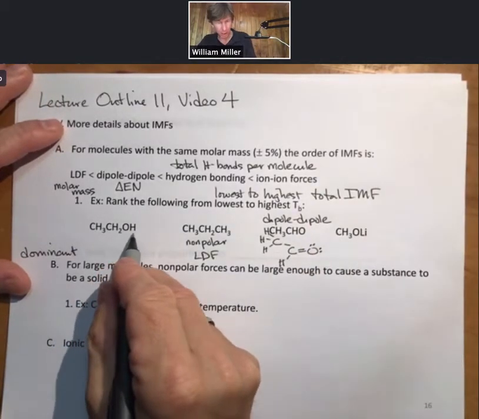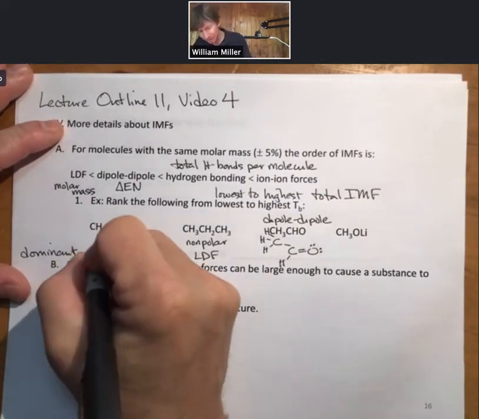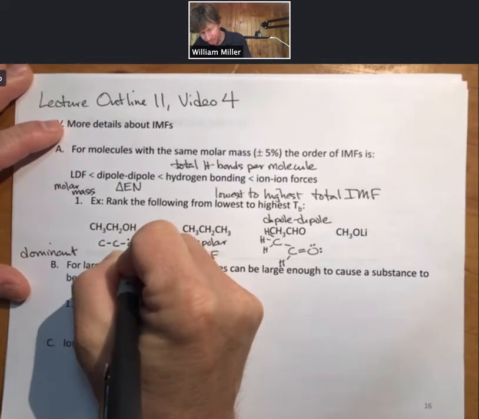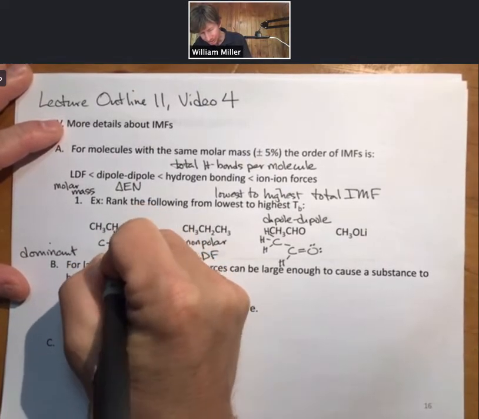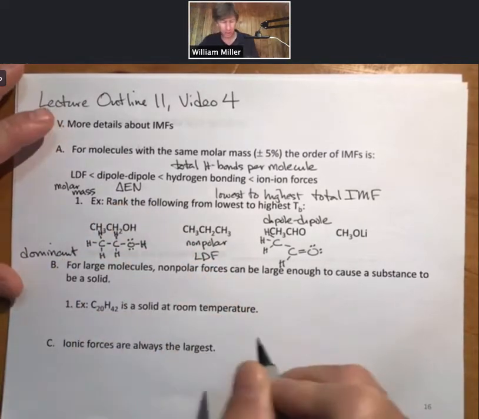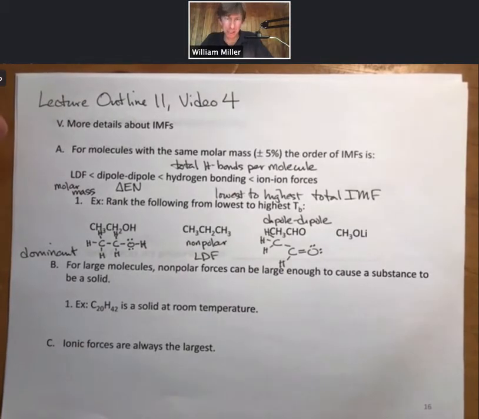Here we have an OH on the end, that's an alcohol. And you're going to have Lewis structures drawn for you on the homeworks and definitely the exams.